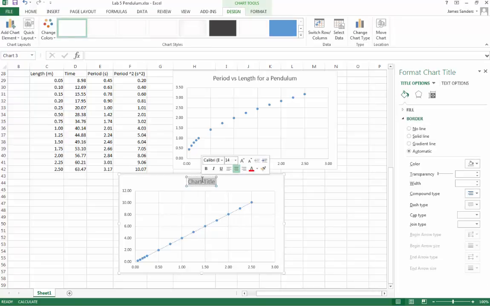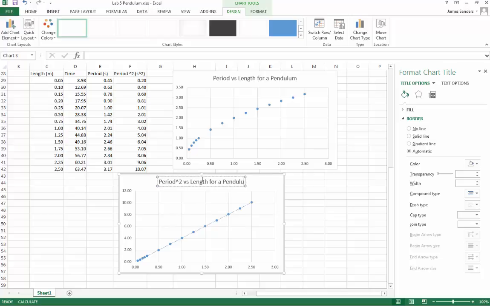That slope had units of seconds squared per meter, and that would be the reciprocal of the units that we had for an acceleration. So that's basically the inverse of the units for g, because g is just a type of acceleration.